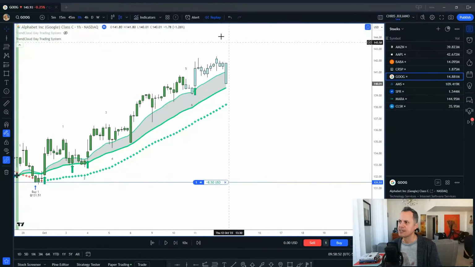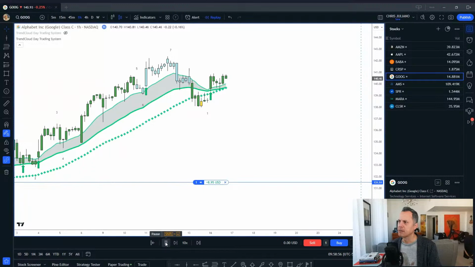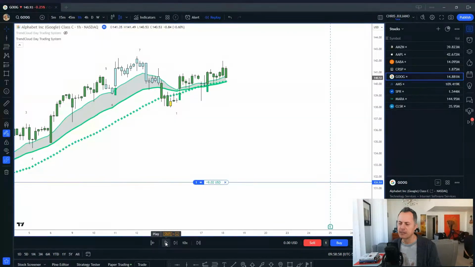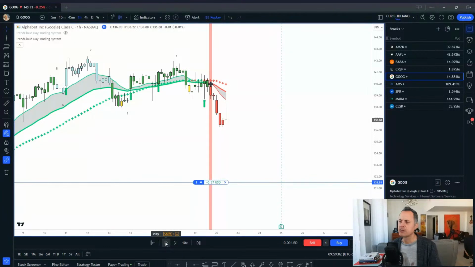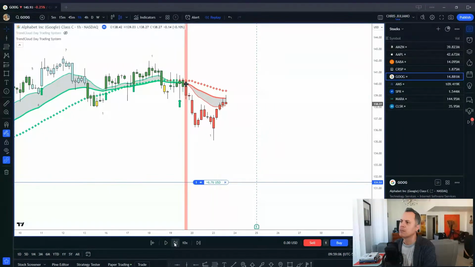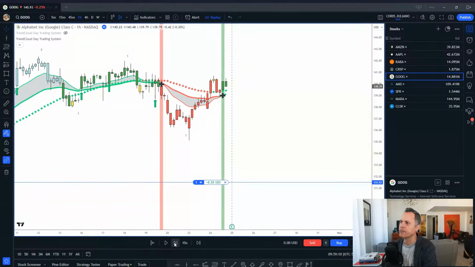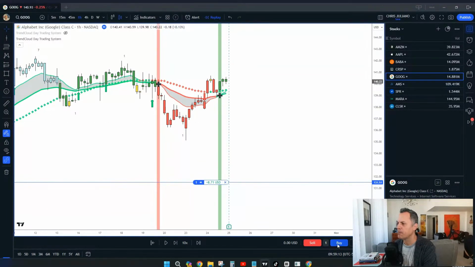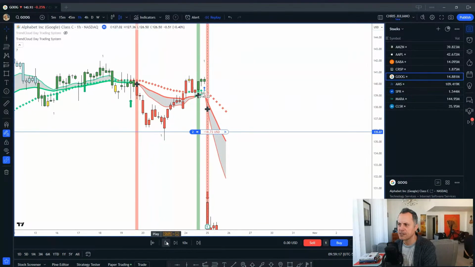Trend has gone extended, pulling back. It's not on sale yet. Google is not on sale yet. Aha. Now it's on sale. Now we're going to start paying attention. There you go. Buy it. Move forward. It's on sale.